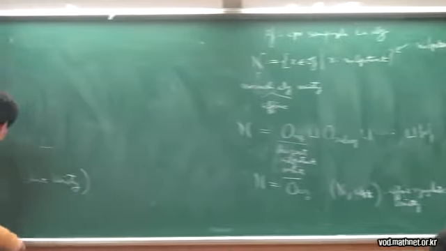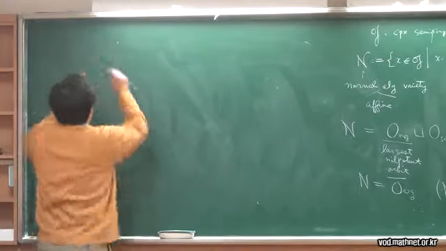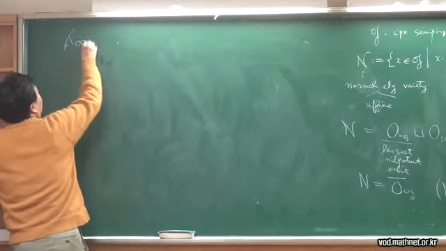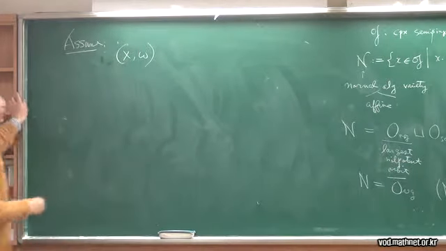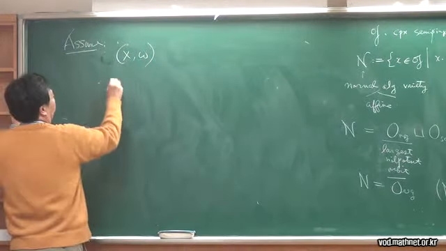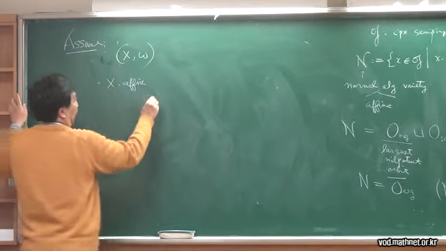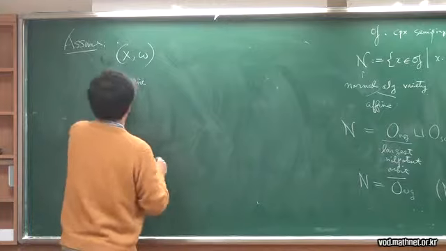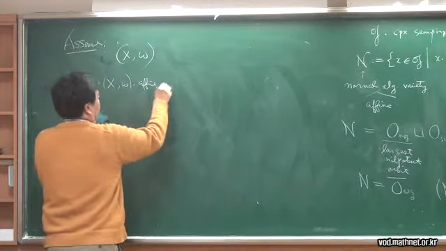The situation is this. We assume the following. Now (X, omega) satisfies the following. First of all, X is affine, and this is a symplectic variety.